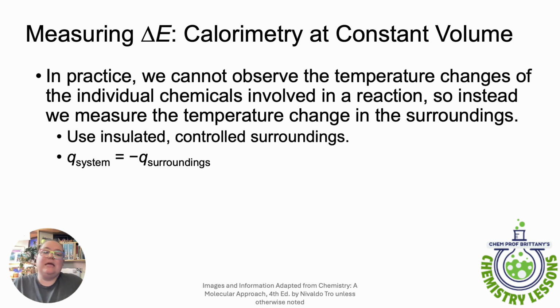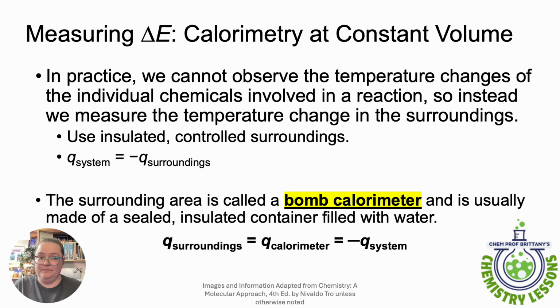So in practice, I can't observe temperature changes of individual chemicals that are involved in a reaction. So instead, we measure the temperature change in the surroundings, right? I don't have a thermometer that's injected into a piece of metal that can measure the temperature of that metal. So what I do is I can control the surroundings and insulate it.